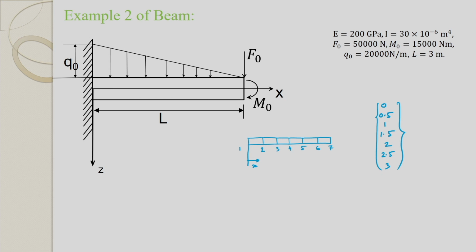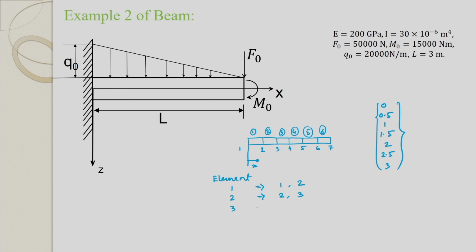So, if we see the element number, these are our new element numbers 1, 2, 3, 4, 5, 6. For element 1 our connectivity is 1, 2. For element 2, our connectivity is 2, 3.